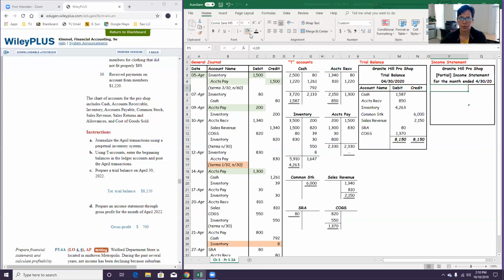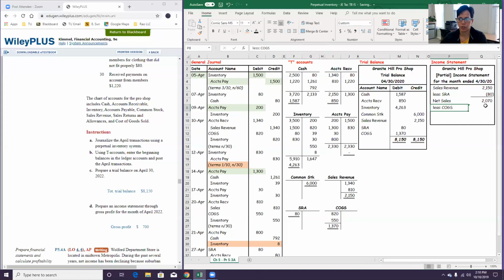What do we have in the income statement? We always start with sales. Our gross sales is 2150. Our next item is our sales return and allowance. This is the contra account. So when I subtract that, what I come up with is net sales, 2070. I then subtract my cost of goods sold.